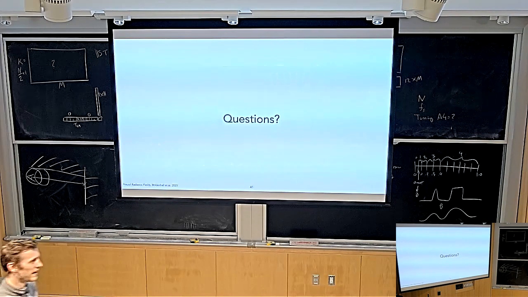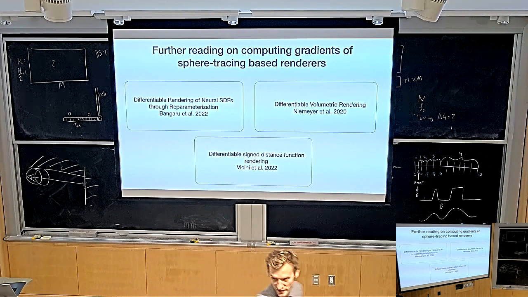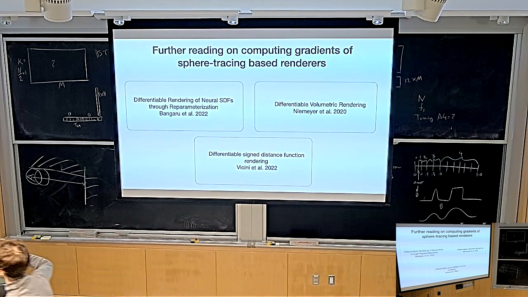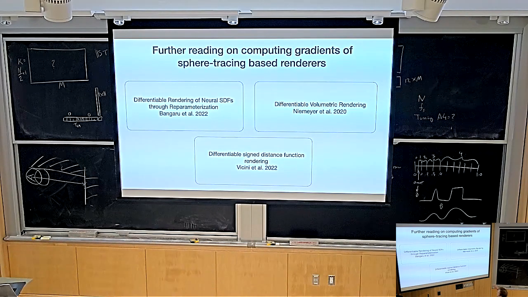Okay, good. Actually, with respect to your question, if you're interested in the sphere tracing algorithm, here are a few other papers you might want to read. There are a few fancy tricks you could do. One fancy trick, for instance, is that it turns out you don't need to use the chain rule at all to get the final derivative of the point on the surface.